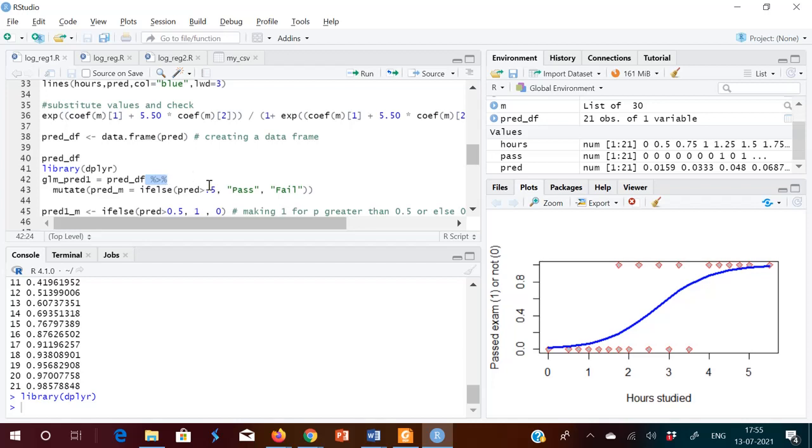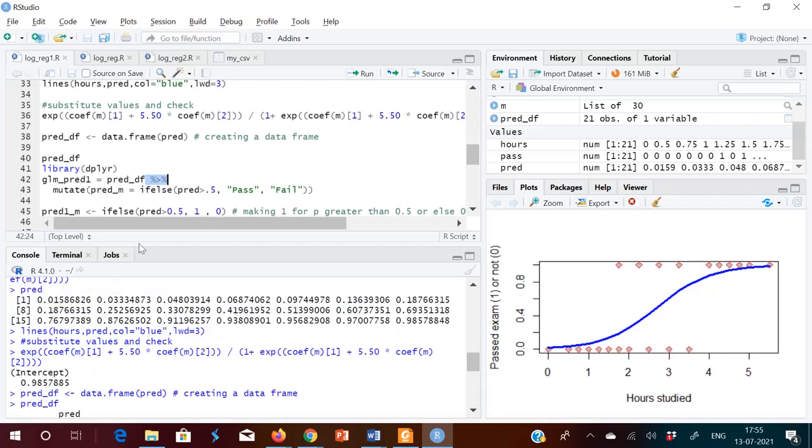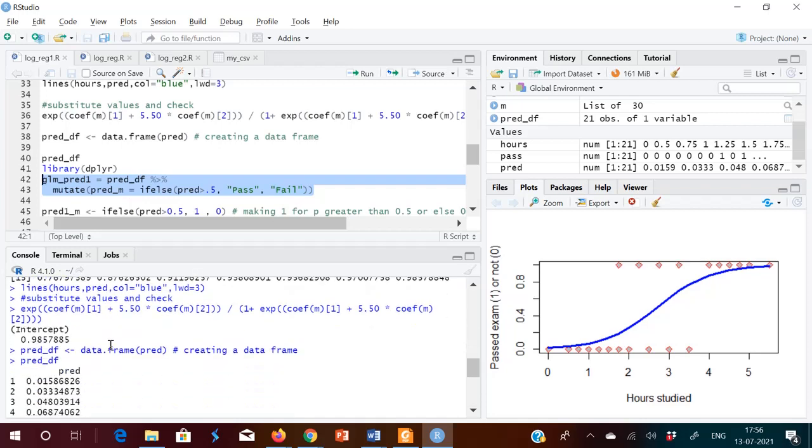So what we are going to do is that we are checking these probability values one by one, and if it is greater than 0.5, okay, this is one line. You are getting the data from this data frame, and it will check this PRED column. If it is greater than 0.5, mutate means you are adding one more column with pass.